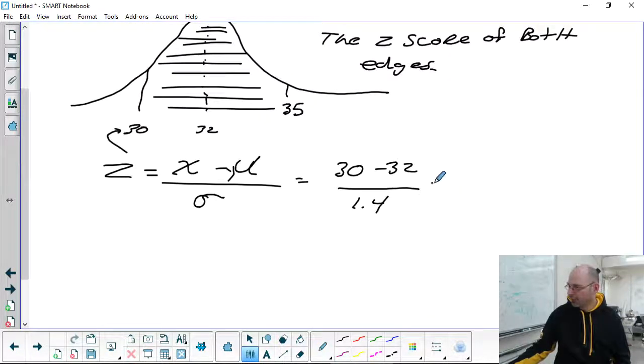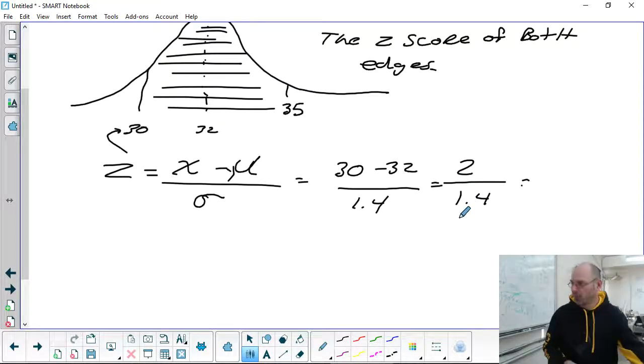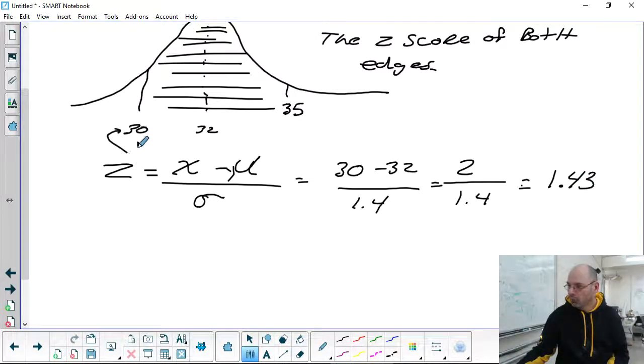Okay, so if we do that, that's 2 over 1.4. So our z-score there is 1.43. So that's our z-score, 1.43. Okay, and now we have to find the other z-score, z-score 2.